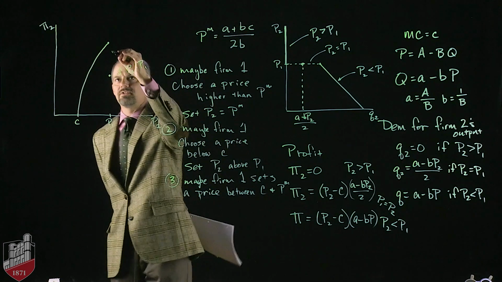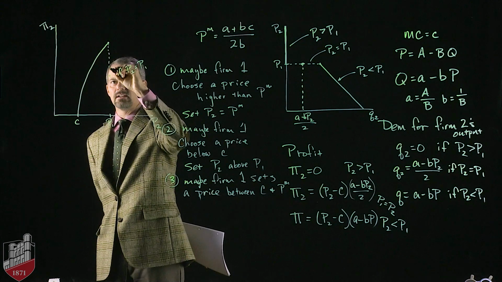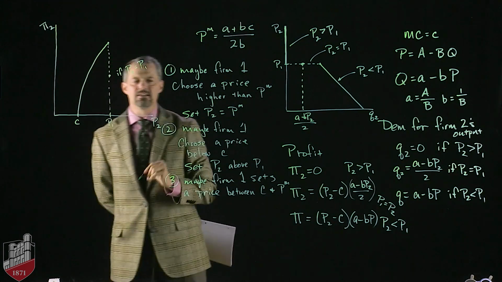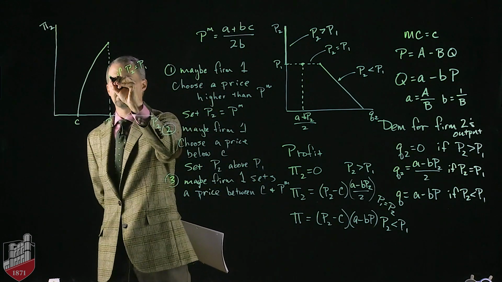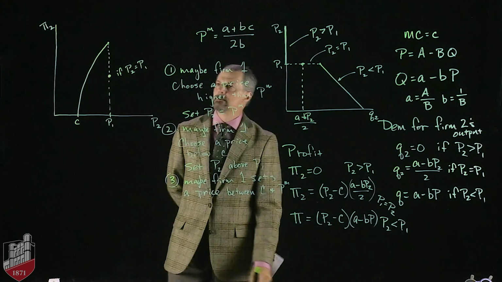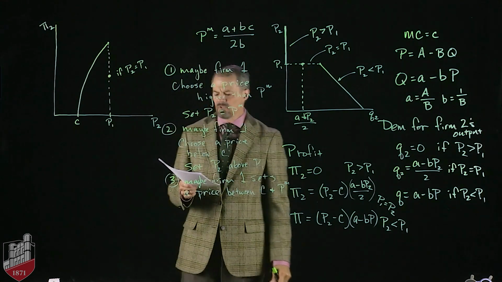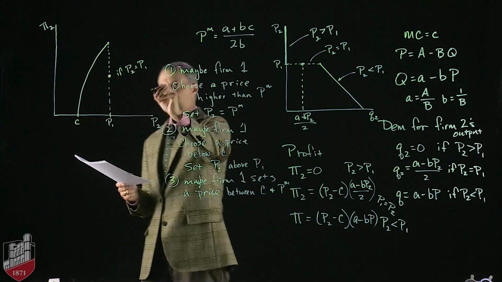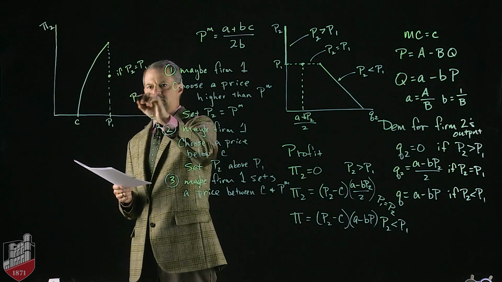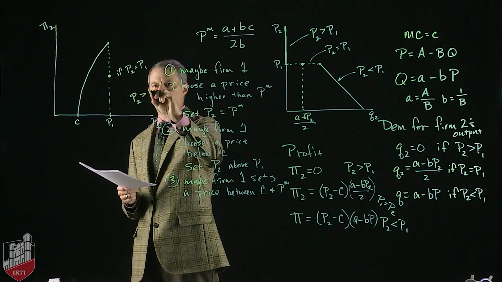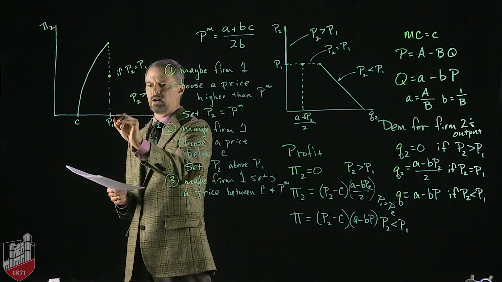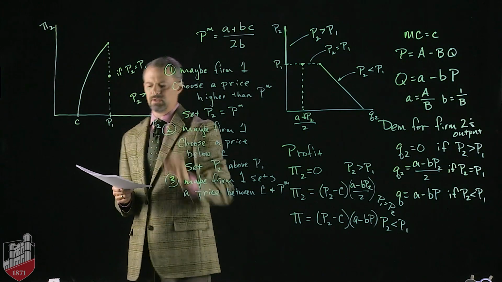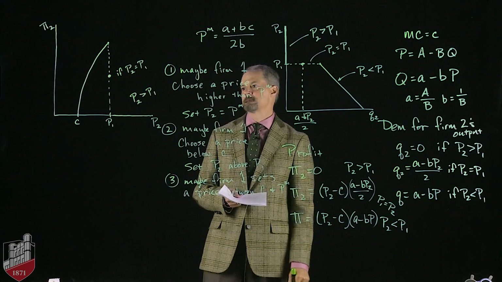Okay, and I'm going to put a little dashed line here just to kind of link everything up so it's easy to see what's what. Emphasize that point right there. Okay, so if price for firm 2 is greater than P1, they're going to get zero profit, right? That would be the rest of the thing.